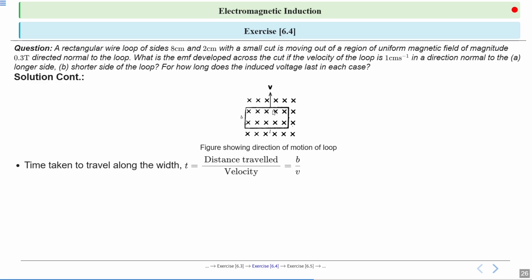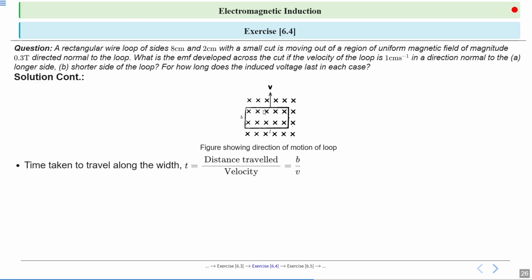So EMF will be induced only when there is a change of magnetic flux. When this loop will come out of this magnetic field, then EMF will be induced. And for how much time will EMF be induced?